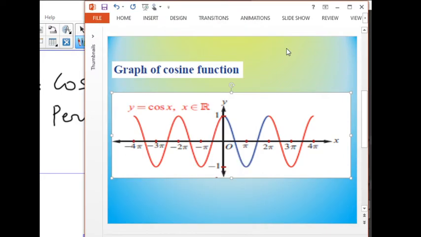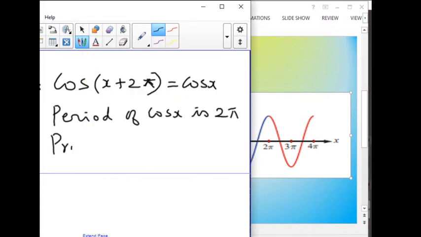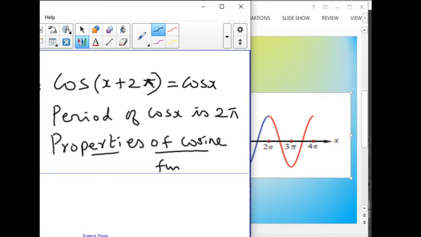So we will see the properties now. So the properties of cosine function. So the first one, the curve is continuous. We have seen the diagram.